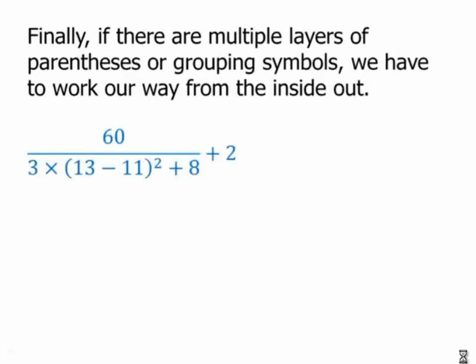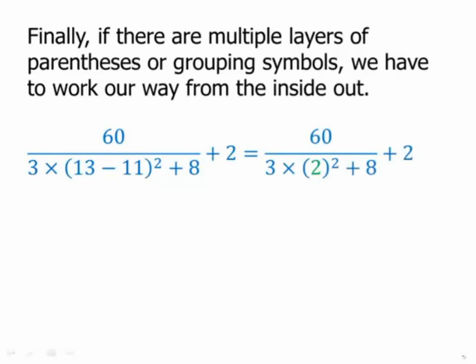So for example, here I have a long fraction bar, so we have to handle everything under the long fraction bar before we do anything else. Within the long fraction bar, we have parentheses, so that's another grouping symbol. So first thing I have to do is those innermost parentheses, 13 minus 11. So that becomes 2.